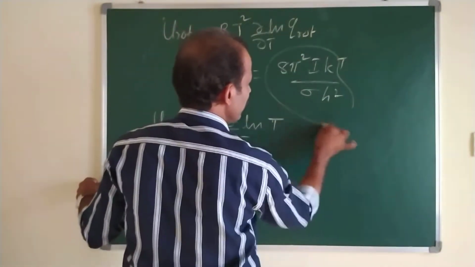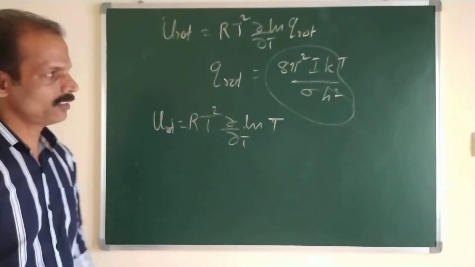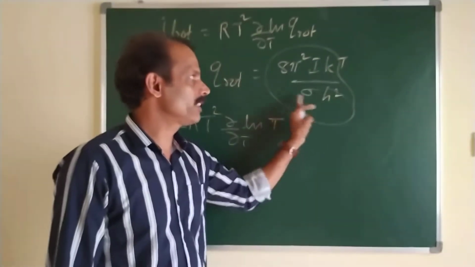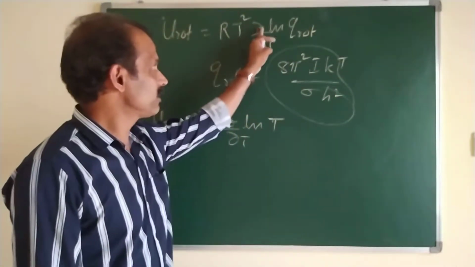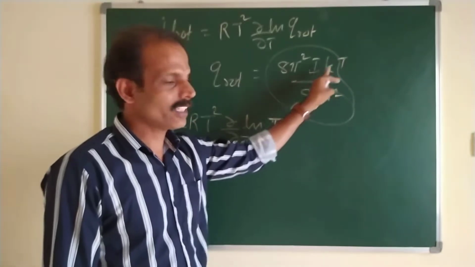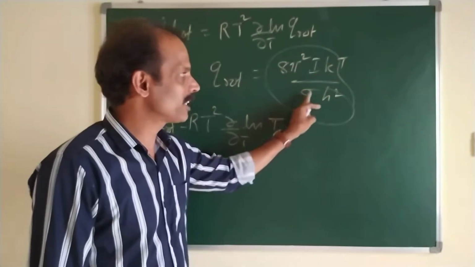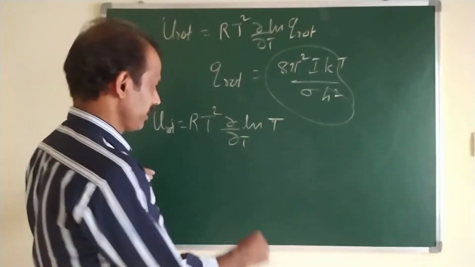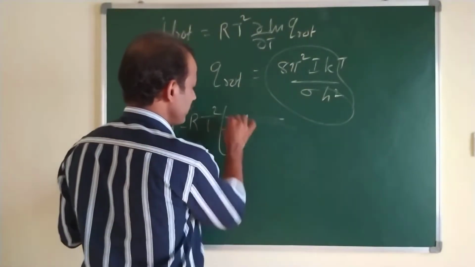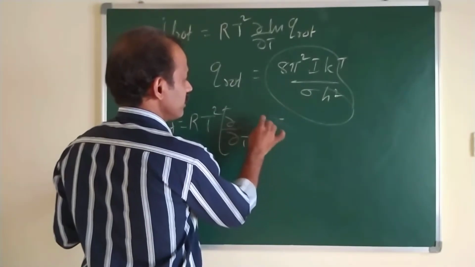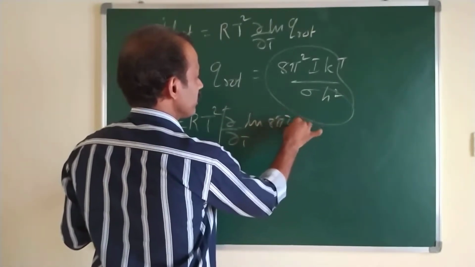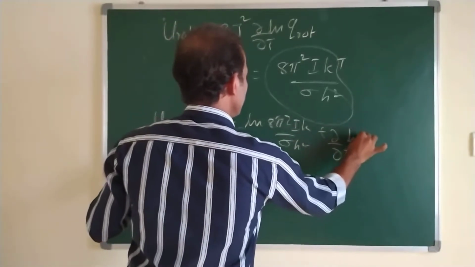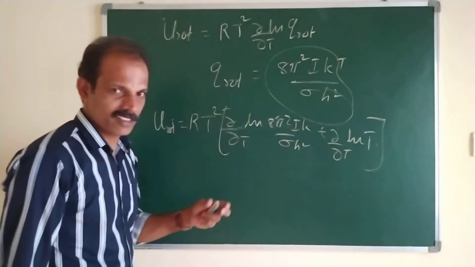The remaining terms are constants, so we get zero value for the differentiation of these terms. So the next is dou by dou T of ln T. We can write as dou by dou T of ln 8 pi square Ik by sigma h square plus dou by dou T of ln T. That's the equation.